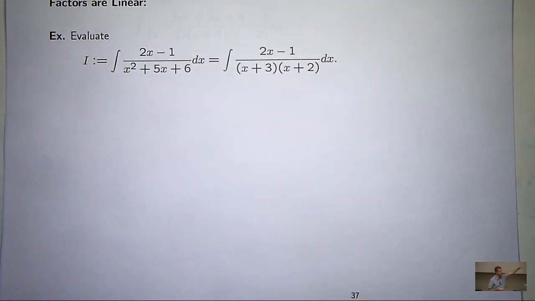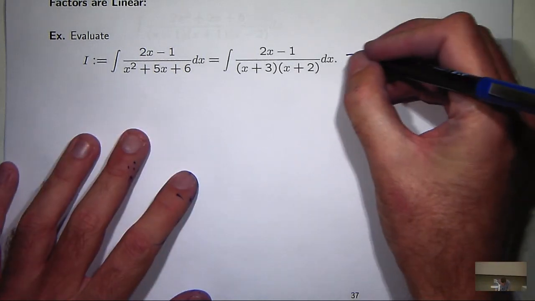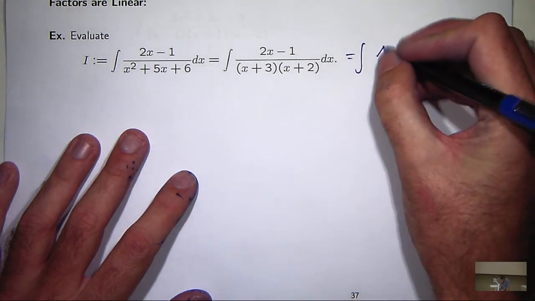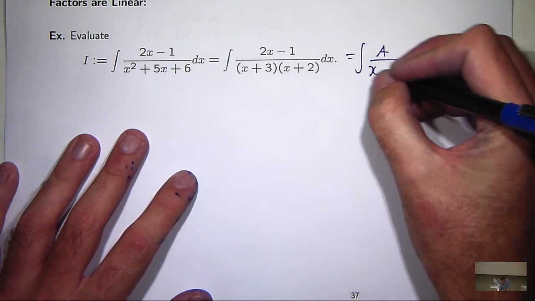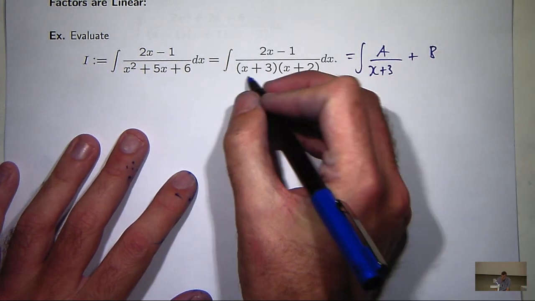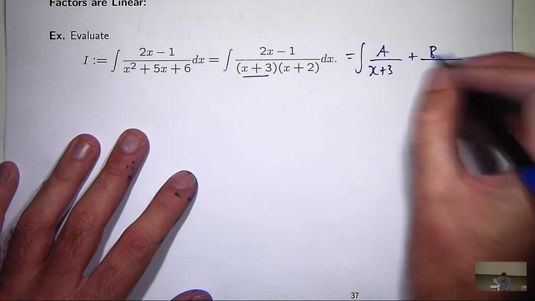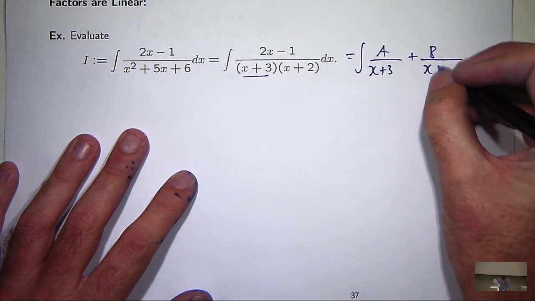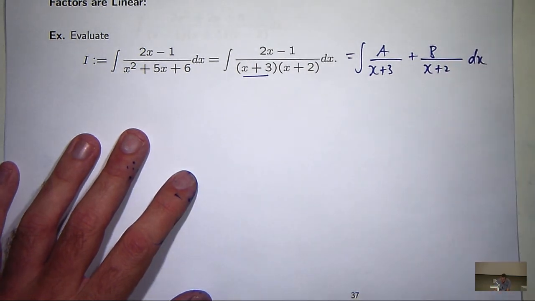One of the first steps in integrating this problem is to realise that you can factorise the denominator. That gives you a clue straight up on what decomposition you're going to have. So I'm going to say that I can write this in terms of a constant A on x plus 3 plus another constant B on x plus 2.